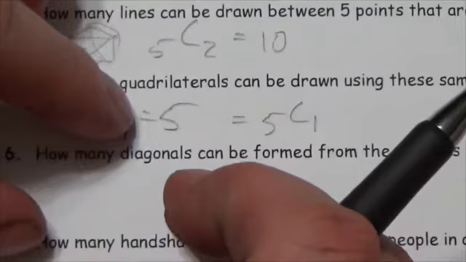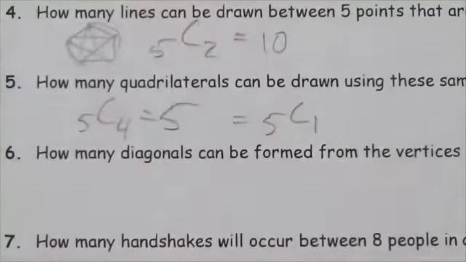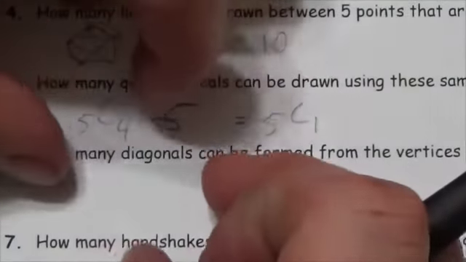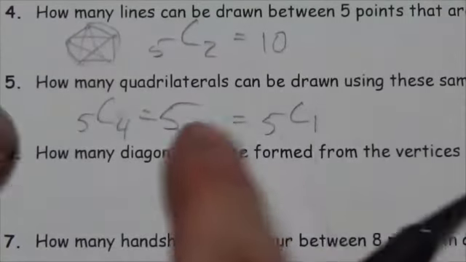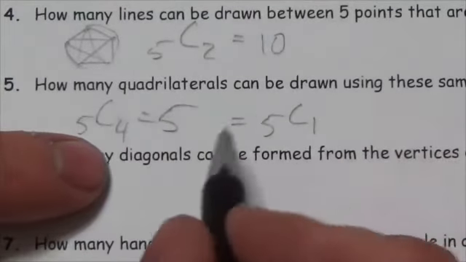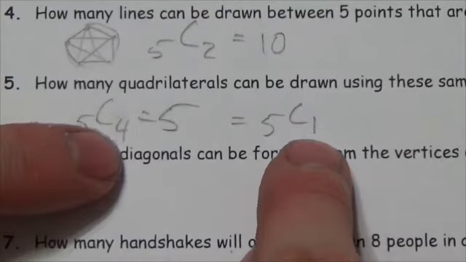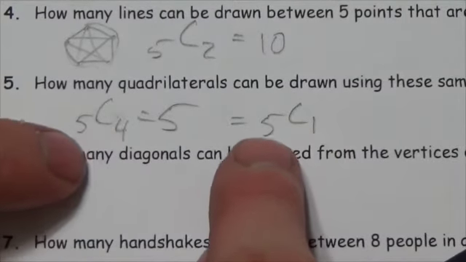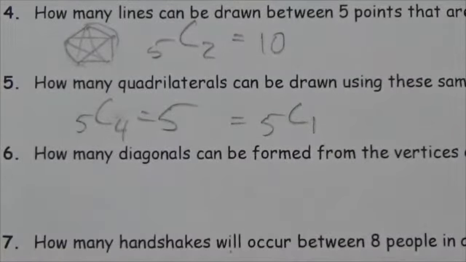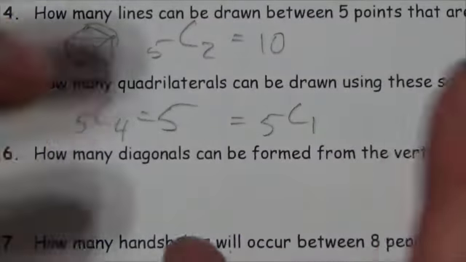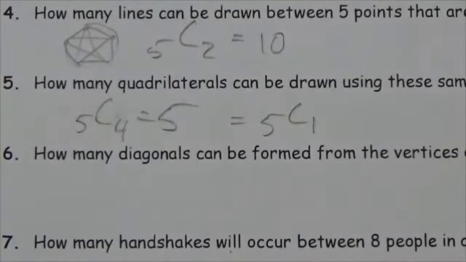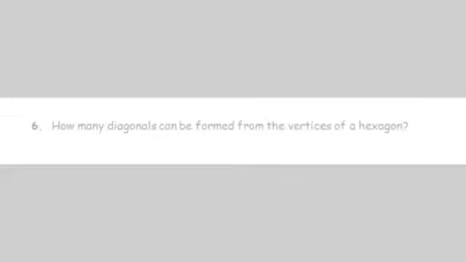I'm either choosing these 4 and ignoring this one, or ignoring this one and leaving the 4 points that I'm going to connect. This pattern is the same whenever the 2 secondary numbers add up to the initial number. Those 2 combinations will be the same. It's a wonderful little pattern, and something that we're going to use later on in this chapter.